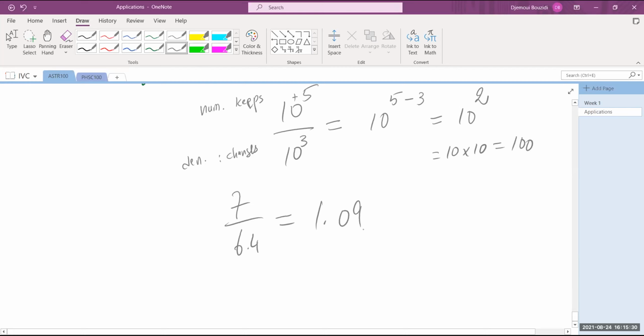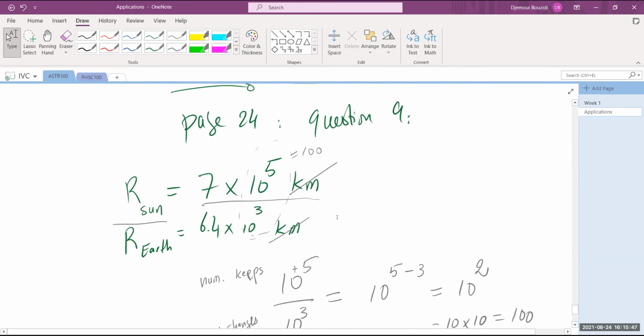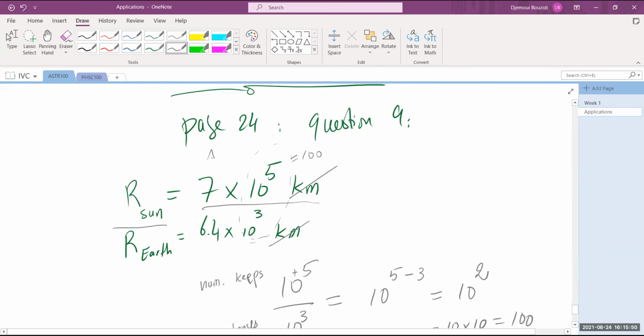This is actually negligible. I'm going to say roughly it's about 1, because it's 1 plus some negligible number that is really not relevant. So I have 1 times 100 and the units cancel. So it's about 100 times.